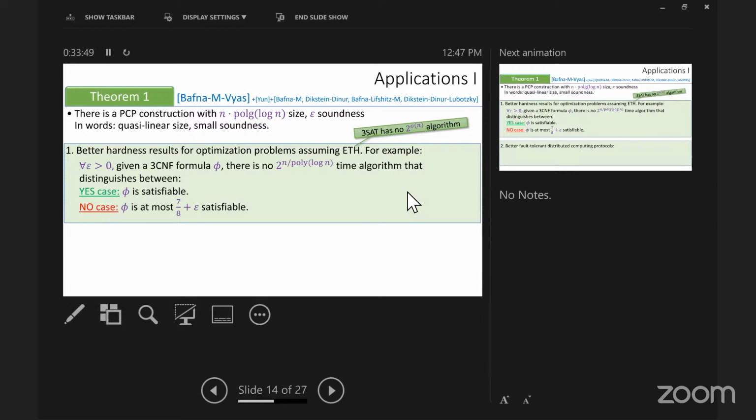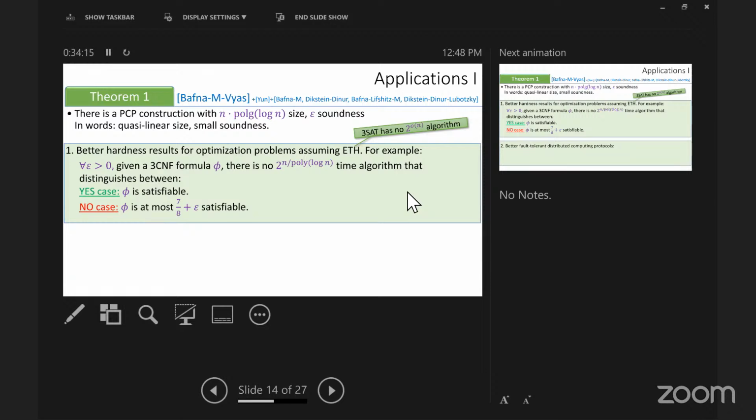Suppose I give you a formula phi. Then there is no algorithm that runs in time 2 to the n over polylog n that distinguishes between the case that phi is fully satisfiable and phi is at most 7/8 plus a little bit satisfiable. Without this time lower bound, this is a classical result of Hastad.